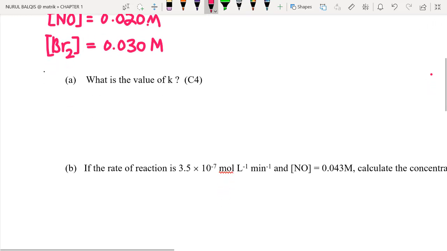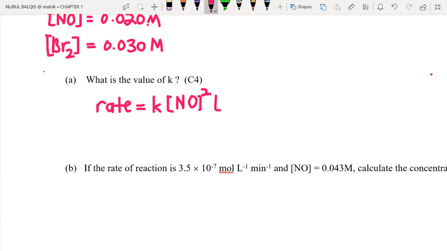So now our rate law starts with rate is equal to K times the concentration of NO. We know that our NO is second order, so we must put a 2 here, and then we have another concentration of Br2, and this is first order.